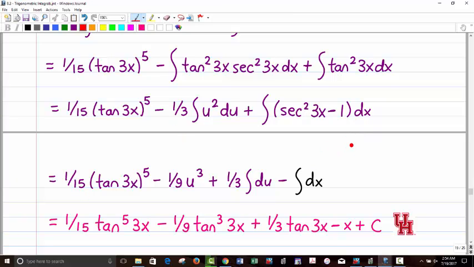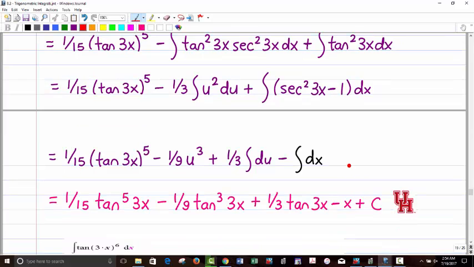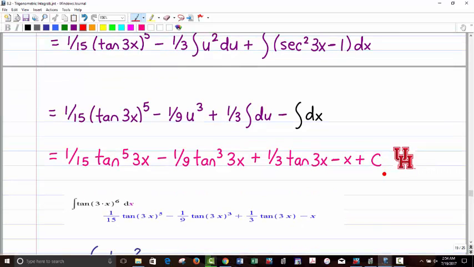So it's kind of weird that this answer is going to have an x in it. You would expect every term to have a trig function, but no, it's certainly possible that you can have a trig integral with an x term in there like that. So the antiderivative of sec squared 3x would be 1/3 tan of 3x, and this is 1/9 tan cubed, negative 1/15 tan fifth, and then minus that little x at the end plus c.